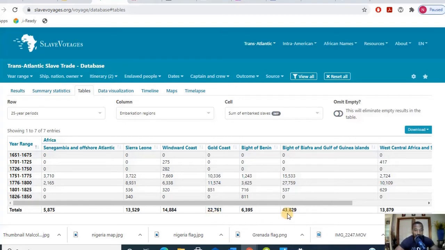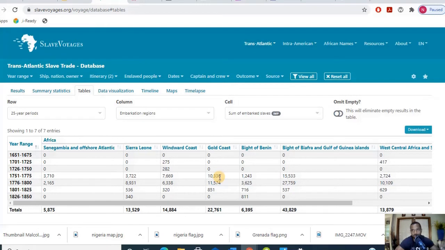The 43,829, I looked this up before. That is 36% of all Africans transported into Grenada during the transatlantic slave trade, who came from the Bight of Biafra. But 19%, the 22,761, came from the Gold Coast.